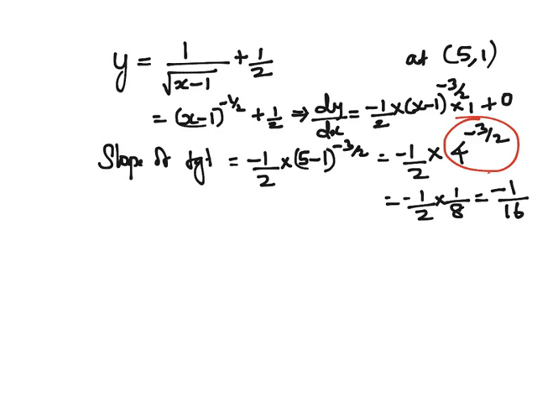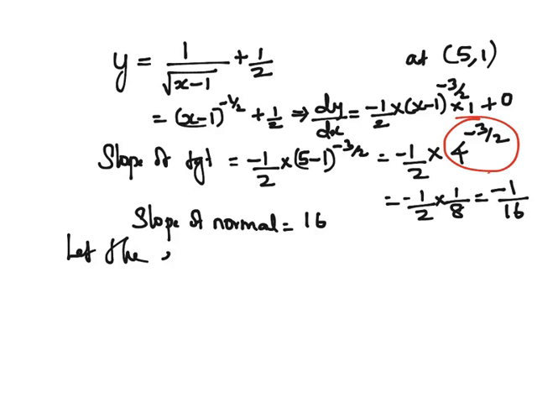Okay, so if slope of the tangent is minus 1 by 16, definitely slope of normal will be negative reciprocal of minus 1 by 16, which is 16. So let the equation of normal be y equals 16x plus c.